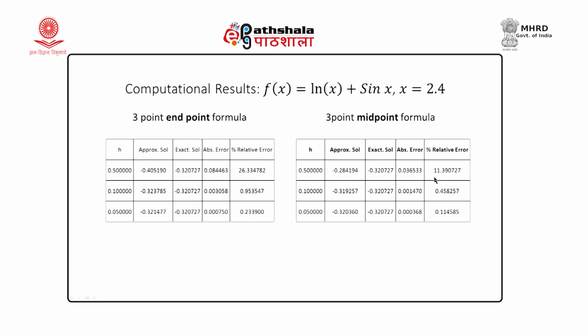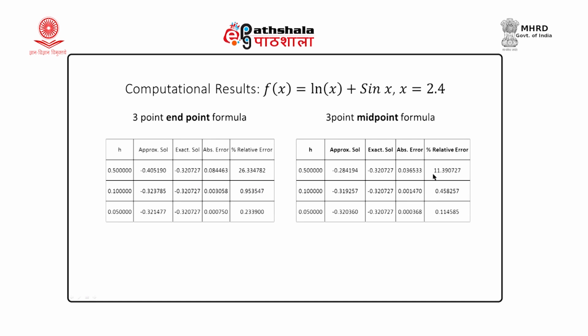In the case of the midpoint, both are 3-point formulas, but as I said, the error is estimated to be half of the error in the case of the endpoint formula, because here the coefficient is 1 by 3, here the coefficient is 1 by 6. If you look at the estimates, errors are now 0.036533, 0.001470, less than half of this and less than half of it here.